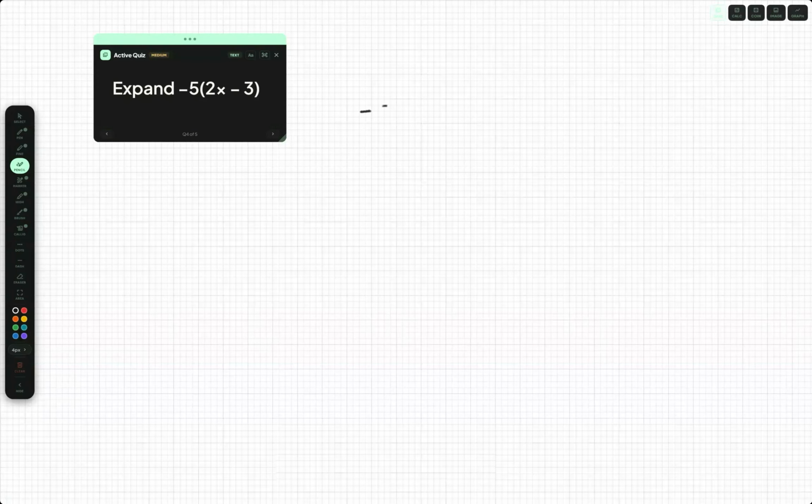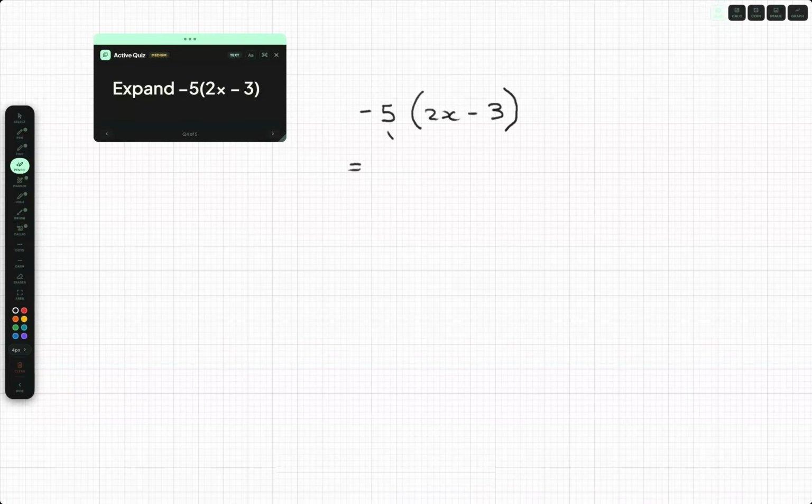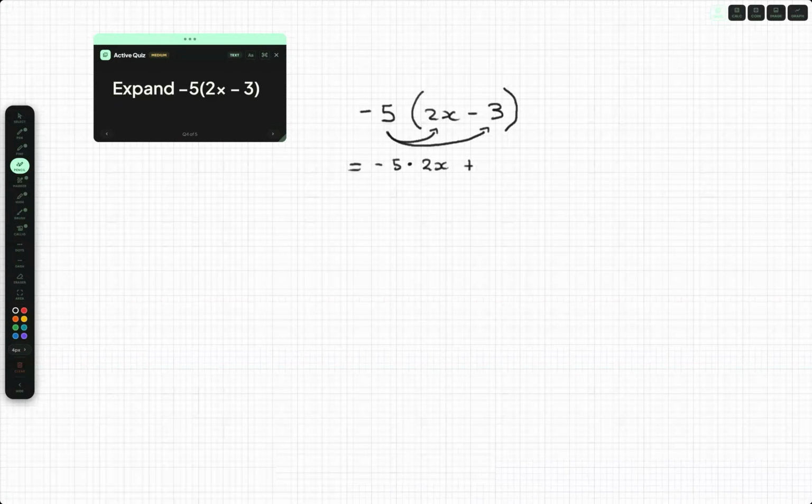All right, next one, minus 5 times 2x minus 3. So distribute this negative 5 over the 2x and we get minus 5 times 2x plus negative 5 times negative 3.